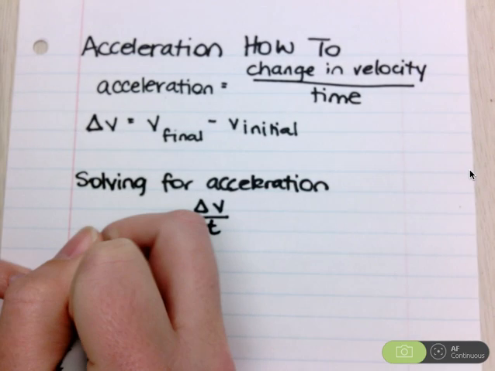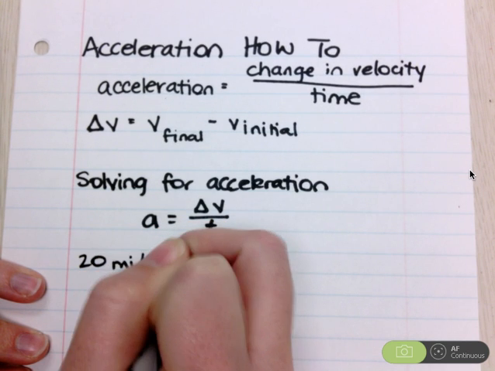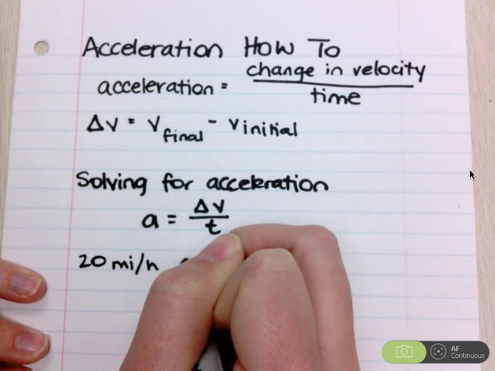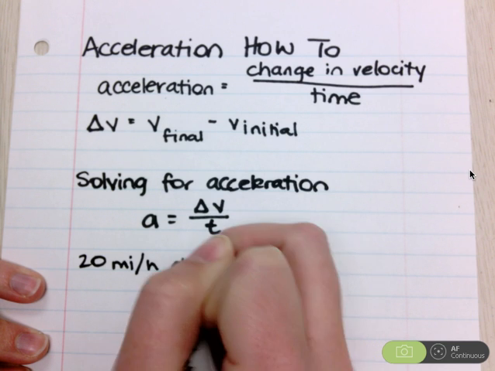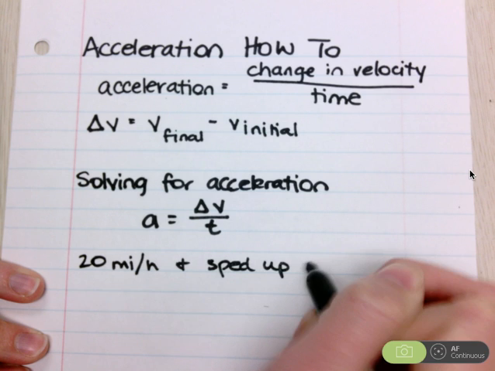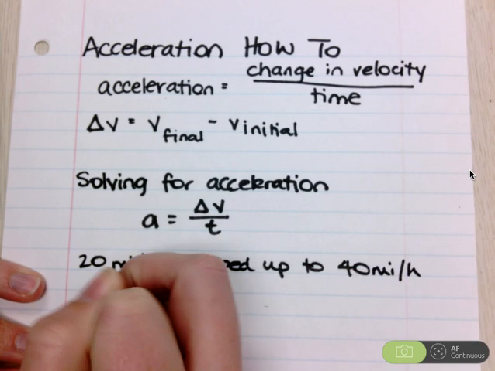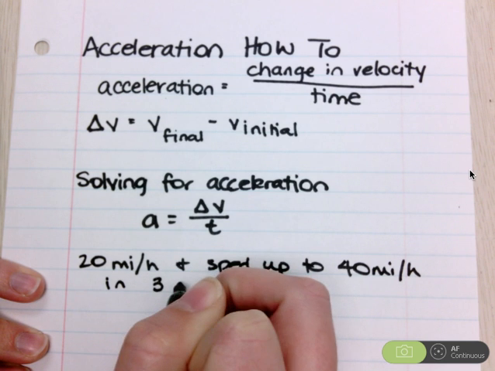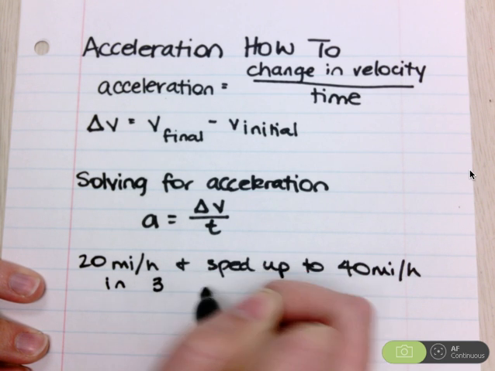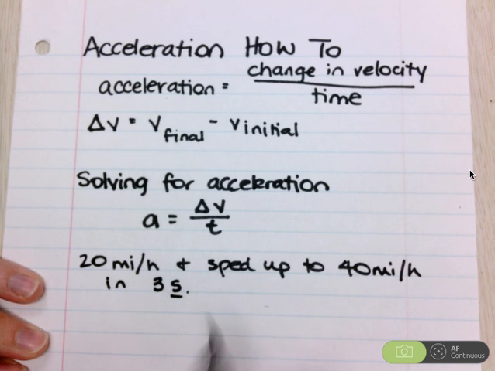We're going to say my car was going 20 miles per hour and I sped up to 40 miles per hour in, we'll say, 3 seconds. Now, on these, I'm not going to make you convert.